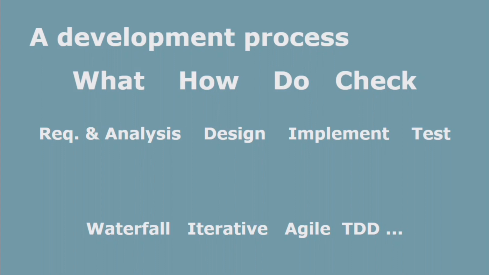Then you implement this design, and finally you test it. This natural way of working maybe works quite well in stable environments, when the requirements are not changing rapidly, when techniques and technologies are not changing rapidly. Then you can opt for a more waterfall-like process.